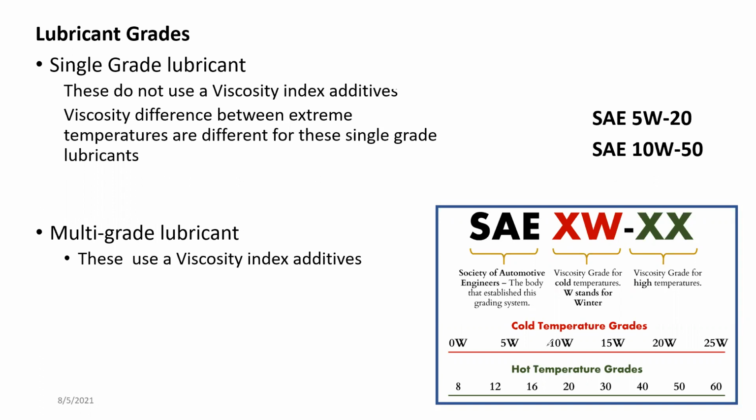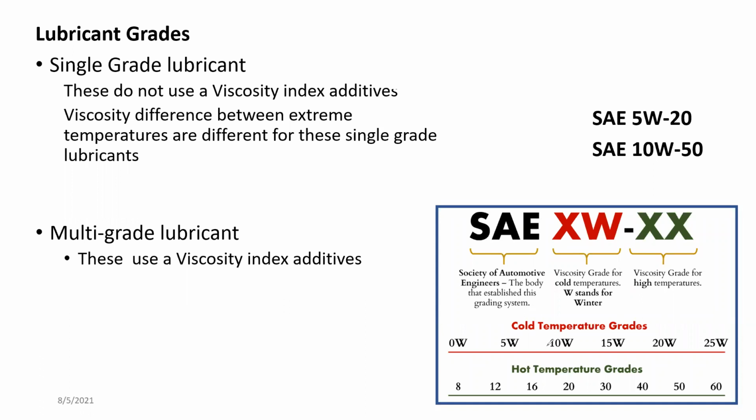Now we have multi-grade lubricants. Lubricants are graded by different entities, but mostly used is the Society of Automotive Engineers grading for automobile applications, which we call SAE. So we have single grade lubricant and multi-grade lubricant.